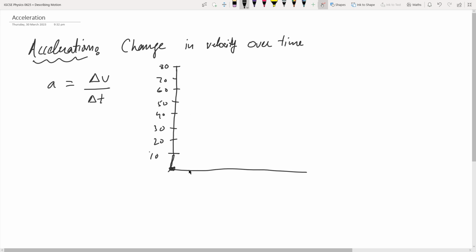And for time we had 2, 4, 6, 8. When we drew the graph, we said at 2 seconds it was at this, at 4 it was at 20, at 6 it was at 40, and at 8 it was at 80. When we drew the graph, it went something like this. It was a bit curved. Let's make the point a little bigger.